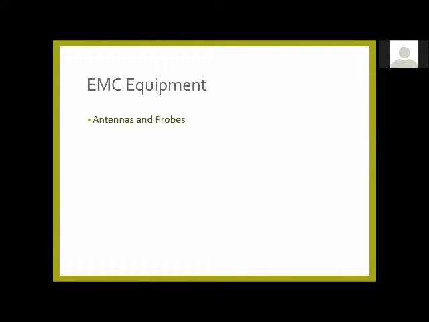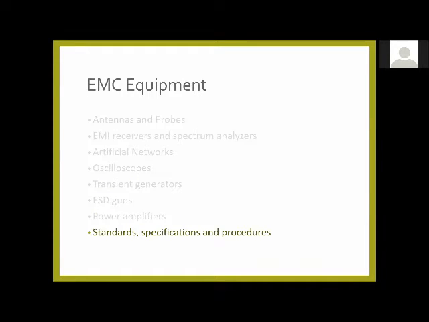The kind of equipment we use: probes and antennas, EMI receivers and spectrum analyzers, artificial networks, oscilloscopes, transient generators, ESD guns, power amps, and of course, the most important, standards and procedures to make sure that everything we do is the same.